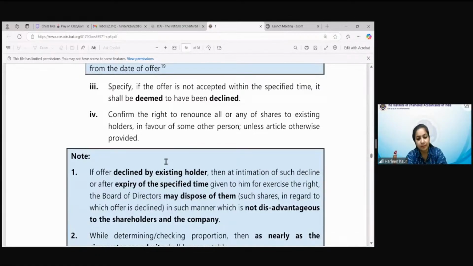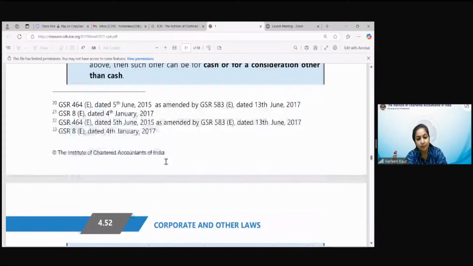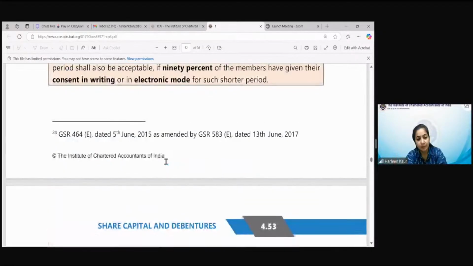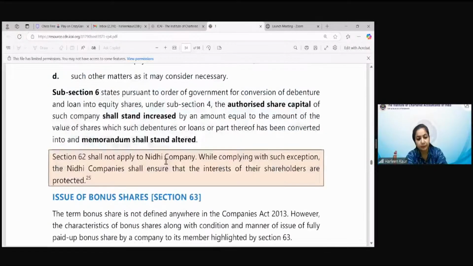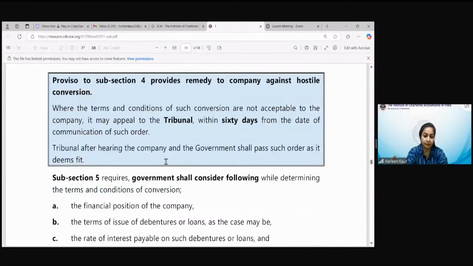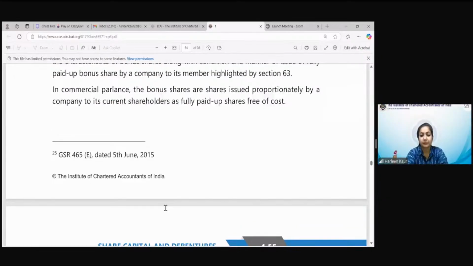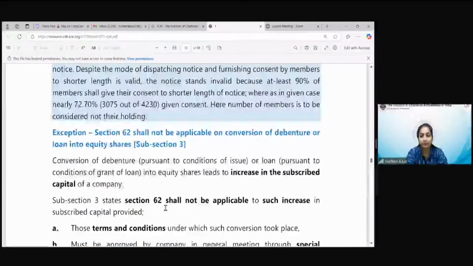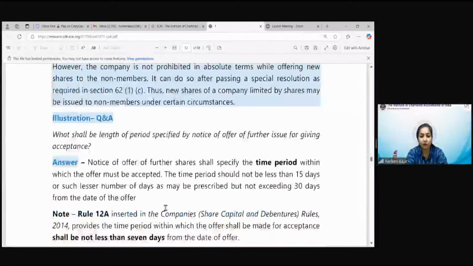Quickly. Where we have just read about the registered valuer also. Here we have read about the notice, 3 days prior. Where has it gone? We just read about it.